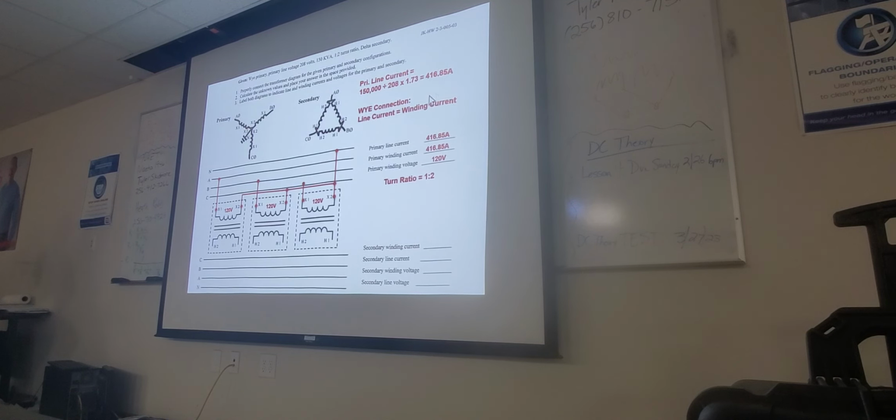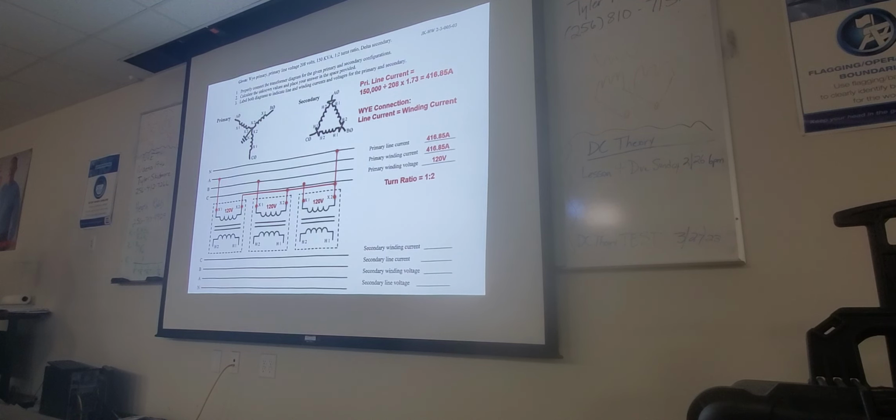Turns ratio, 1 to 2. All we're doing when we calculate our voltage with a turns ratio is dividing our primary by the turns ratio. Another way to write the turns ratio is 1 over 2, right?